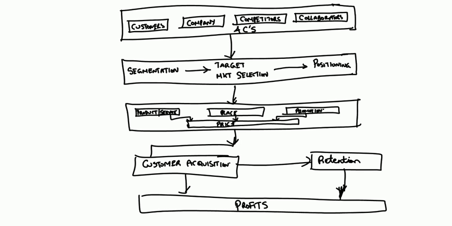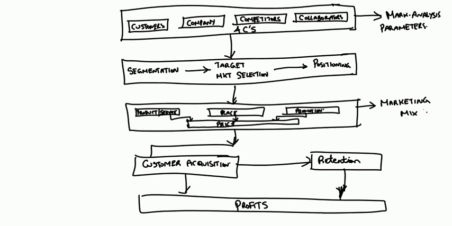So this is the framework of the whole marketing strategy of any company. The first 4 C's are called marketing analysis parameters. Here the 4 P's are called the marketing mix, and this is what the framework is all about.